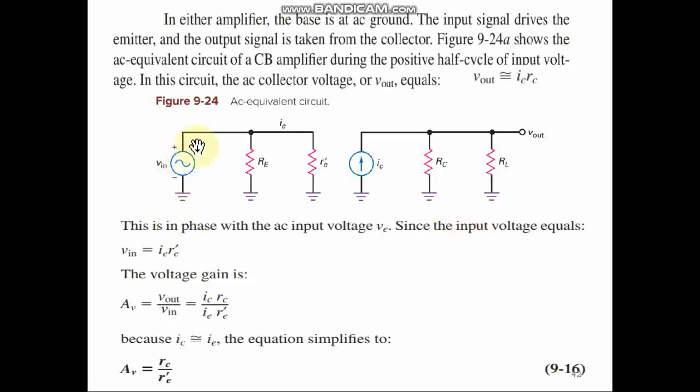Now let us find the input voltage. The current flowing is IE and this is RE dash, so the input voltage will be IE into RE dash. So the voltage gain will be Vout upon Vin, IC RC upon IE RE dash. IC and IE are equivalent, so it will be RC upon RE dash.